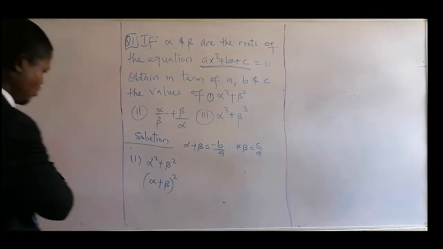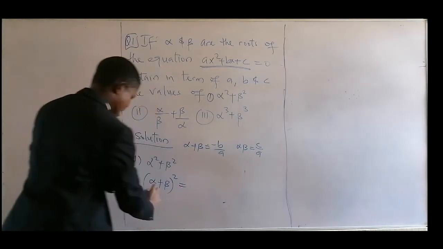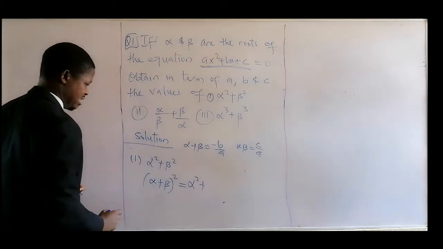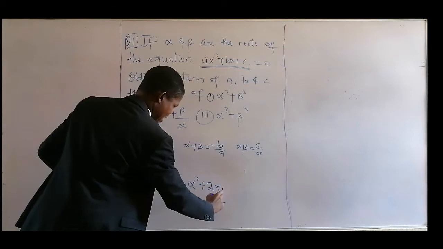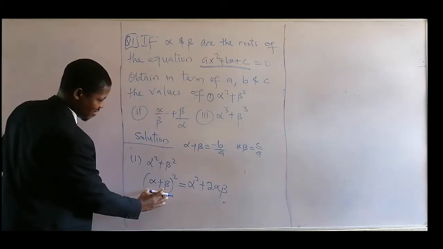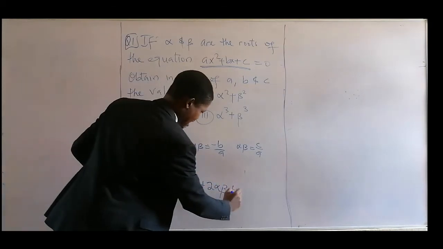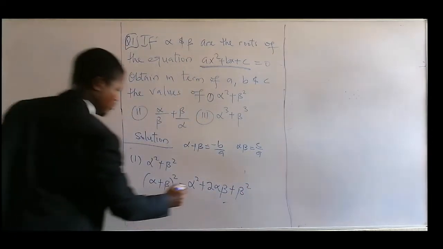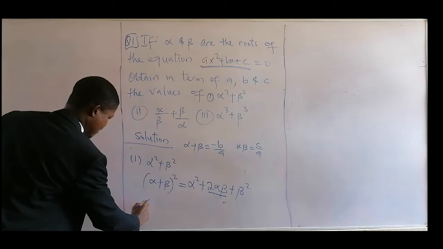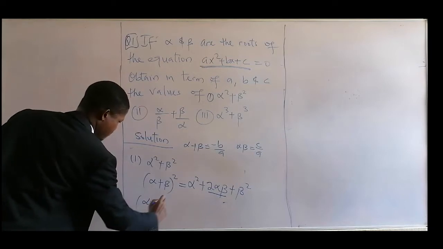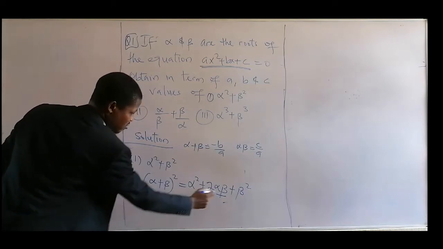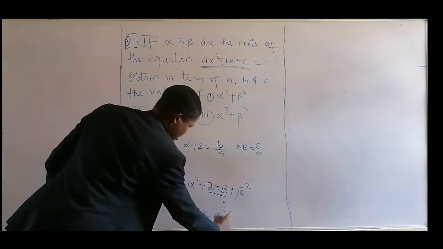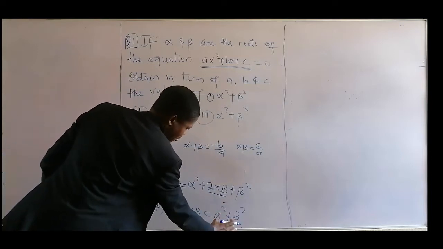If you expand it, you're going to have alpha square plus 2 alpha beta, then plus beta square. Can't you move the 2 alpha beta to the other side? So we have alpha plus beta all squared minus 2 alpha beta equal to alpha square plus beta square. And that's our problem.